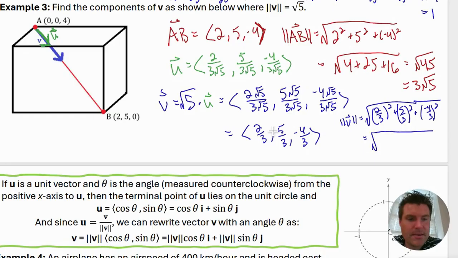We're going to get 4 ninths plus 25 ninths plus 16 ninths, which is going to end up with root 45 over 9, which is going to be root 5. The 9's in the square root too. Everything is in the square root here. Okay, so I verified it for you.